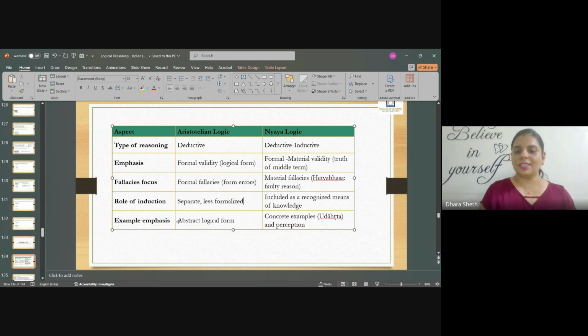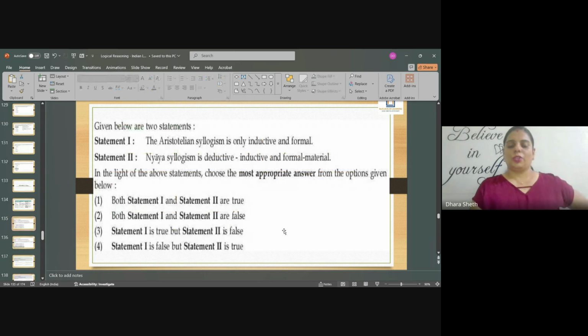The emphasis is on abstract logical form, and here in Nyaya logic, the emphasis is on concrete examples and perception. So given below are two statements. Aristotelian syllogism is only inductive and formal. Nyaya syllogism is deductive and inductive together, and formal material.